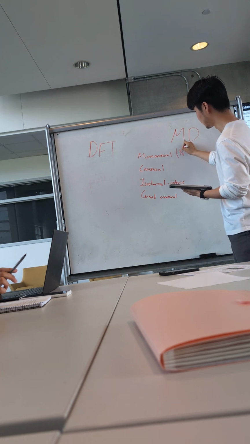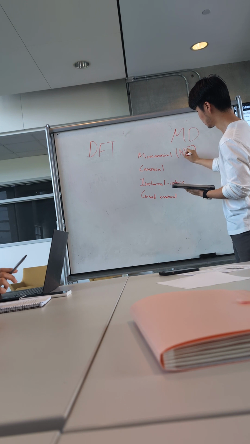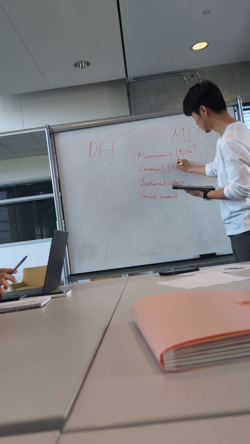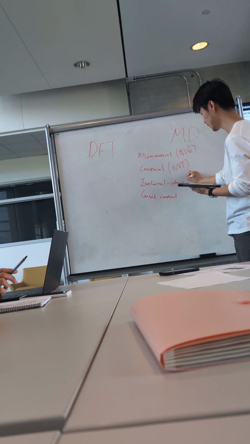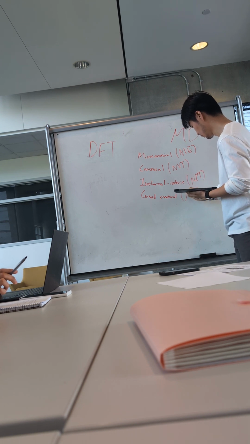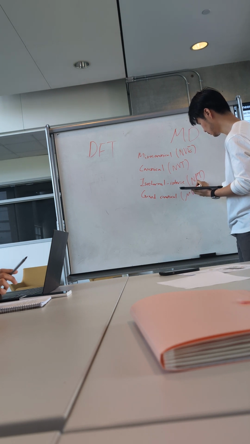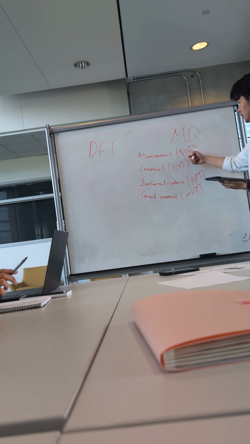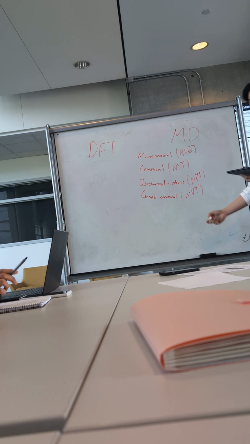That is NVE. NVT. I don't think this is important, you guys don't really need to write this down. These are pretty much what is kept constant in the system.